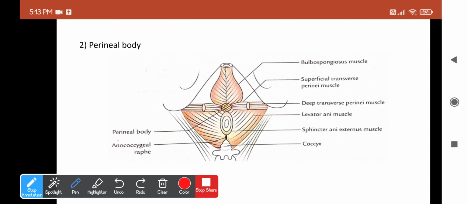The first ones are 2 superficial transverse perineal muscles, 2 deep transverse perineal muscles, 2 bulbospongiosus muscles, and 2 levator ani muscles, which form 8 muscles. Another 2 are the sphincter ani externus and the longitudinal muscle coat of the anal canal. So these are the 10 muscles which will contribute to the formation of the perineal body, and this will provide a firm structure to the organs of the pelvis and the uterus in main.